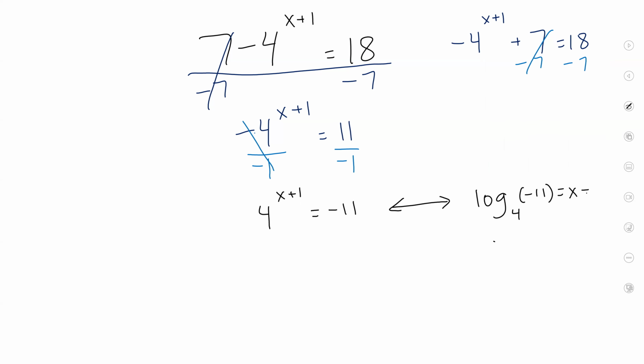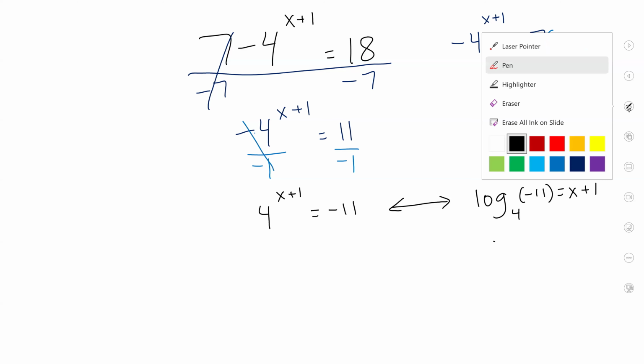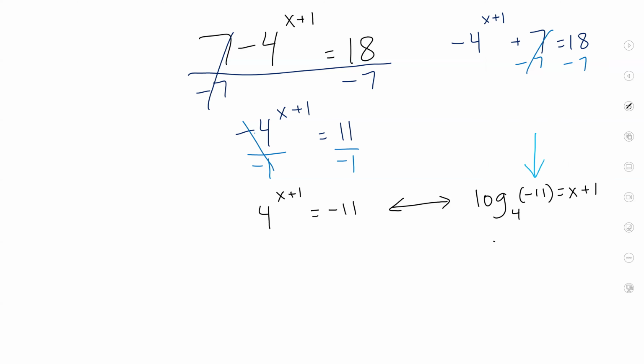What's wrong? Exactly. You cannot have a negative inside of the log. No negatives inside the log. You cannot do that. So this is just no solution. You can't do this.